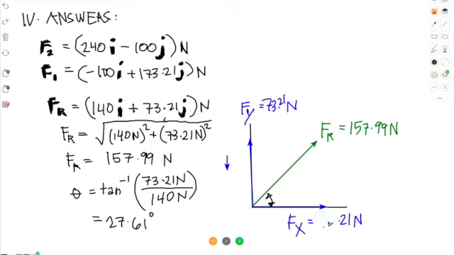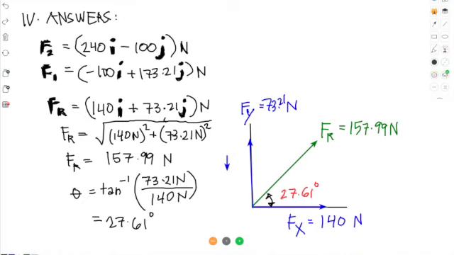Sorry about that. So the tangent of this angle is equal to the opposite over adjacent, that's Fy over Fx. So in this case, the angle is this one, 27.6 degrees.